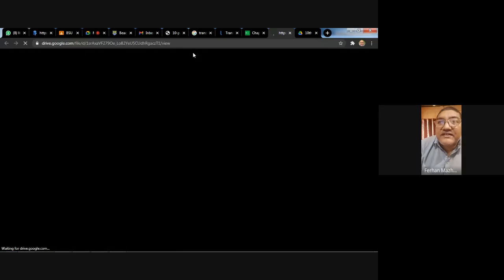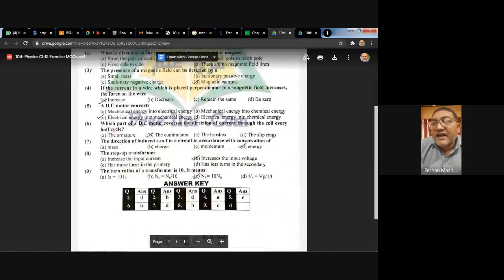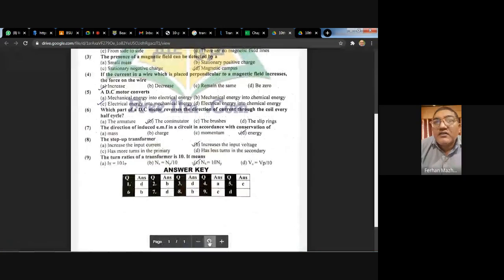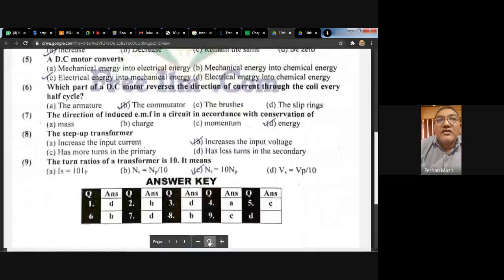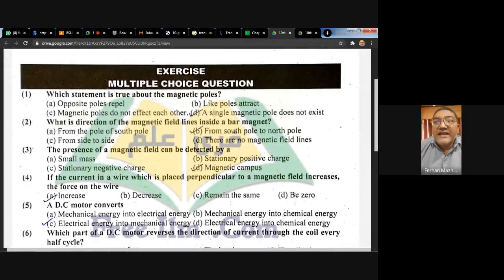So the question is, what is the direction of the magnetic field lines inside a bar magnet? Let me open it so you can see a larger version of that thing. Okay. So I can increase the size. What is the direction of the magnetic field lines inside a bar magnet?